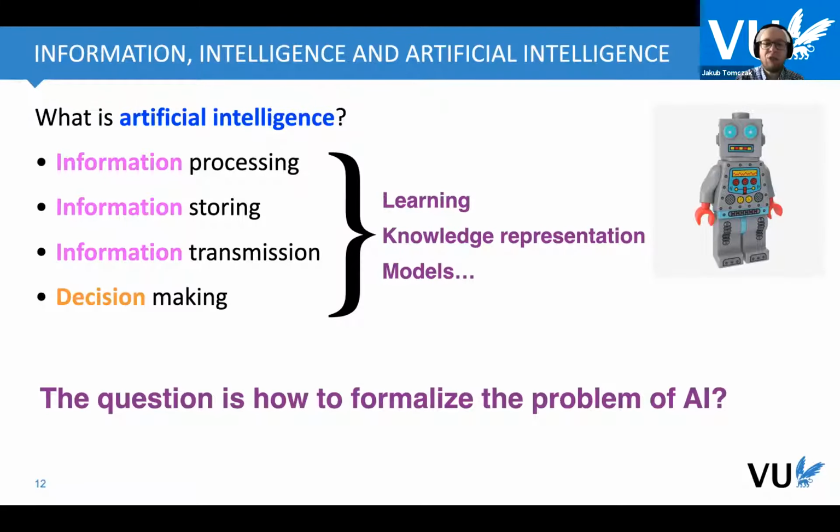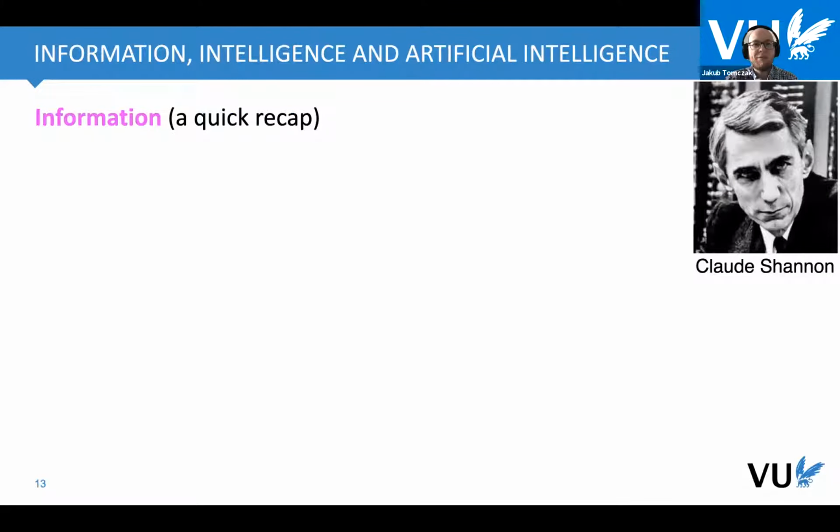But of course, we still need to know how to formalize the problem of artificial intelligence, right? And so here, stay with me. There will be a little bit of mathematics, but I hope that you will follow it. And if you don't, don't worry. Just try to understand what we are talking about in general. So, a very quick recap.